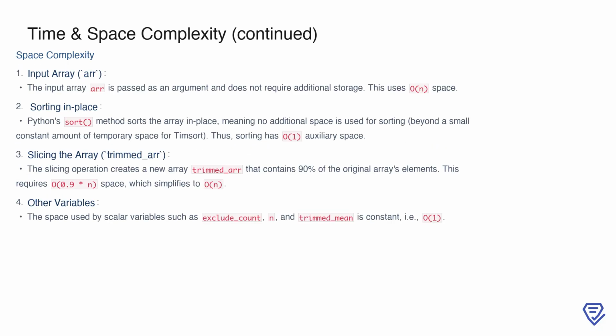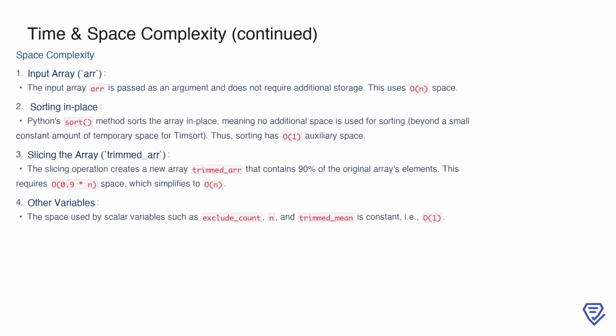Now let's evaluate the space complexity of this solution. First, we consider the input array. The array itself occupies O(n) space, as it contains n elements. Next, Python's timsort algorithm sorts the array in place, so no additional storage is required for sorting beyond a small constant amount of auxiliary space, which is O(1).